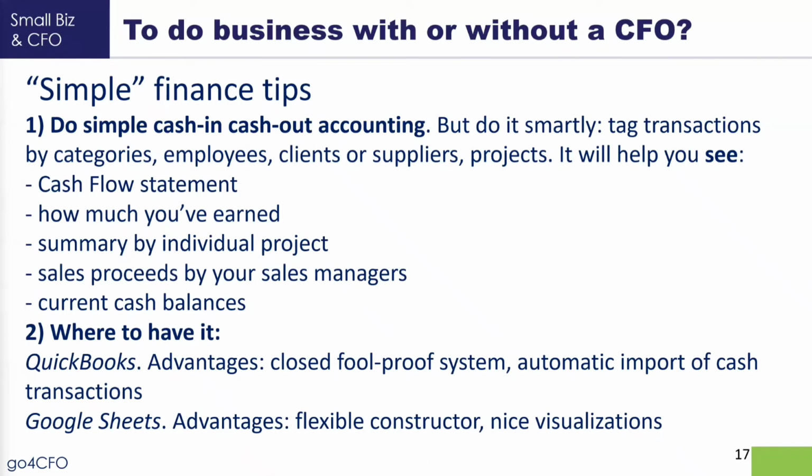Which one is better? And which one is to be improved or even closed. Fourth, if you have managers selling your goods or services, you can measure how much they contributed to revenue, so you'll know better how to calculate their bonuses. And fifth, you'll just know what your actual cash balance is now, in real time.